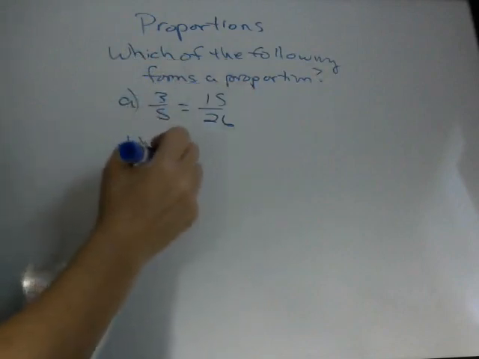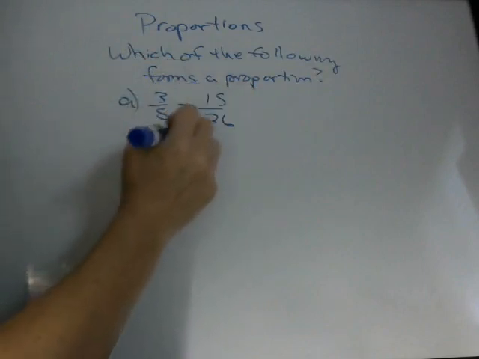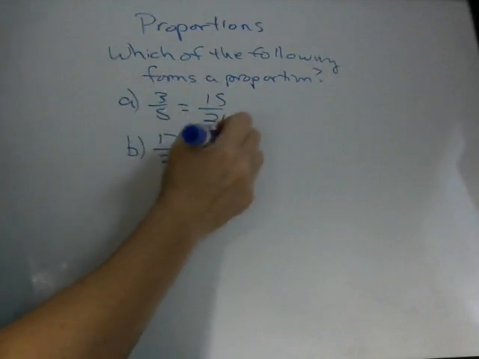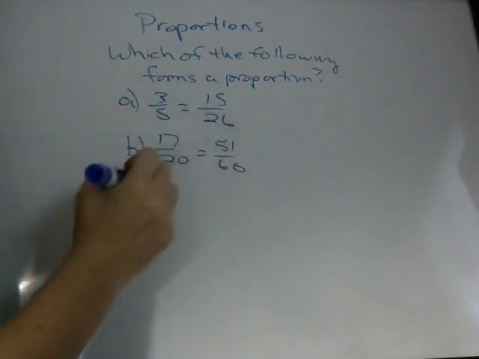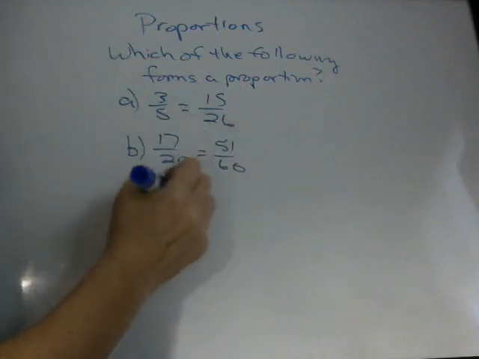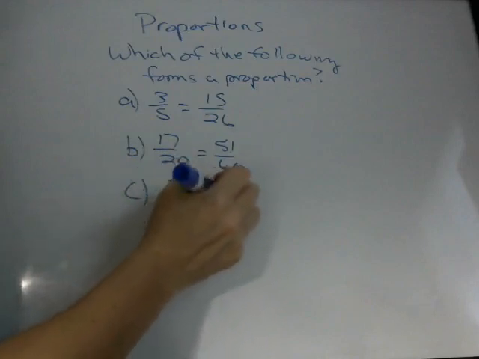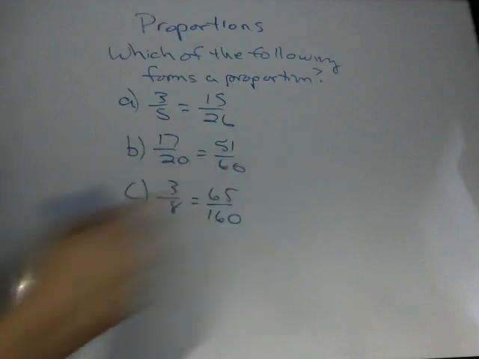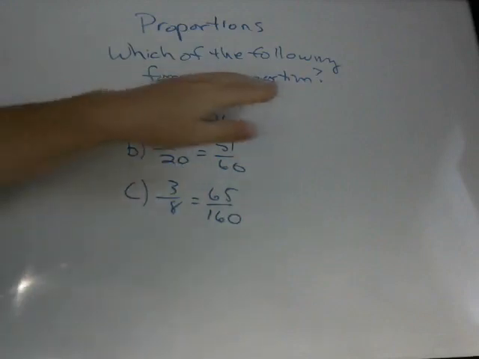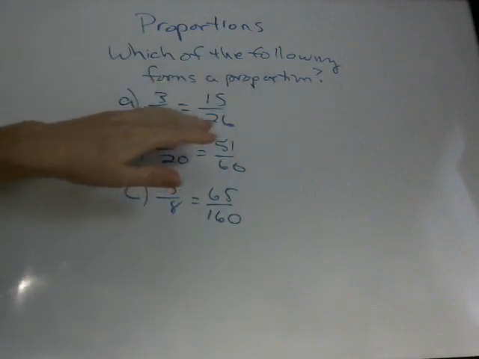Another answer possibility might be 17/20 equals 51/60, and maybe another answer is 3/8 equals 65/160.